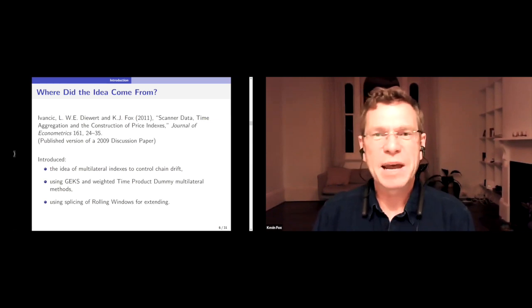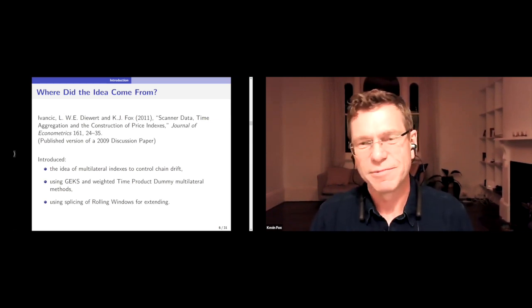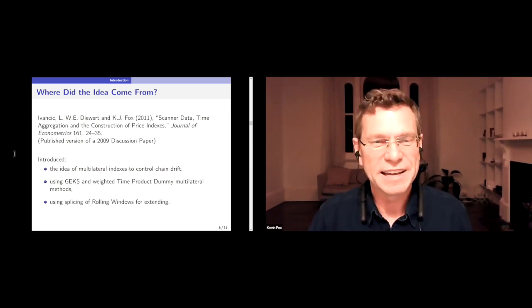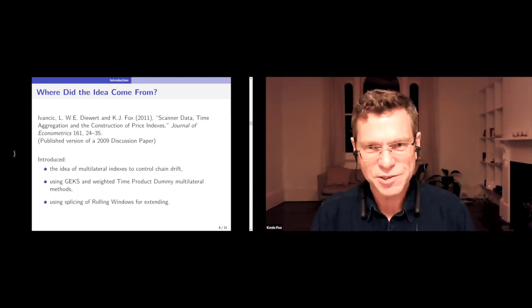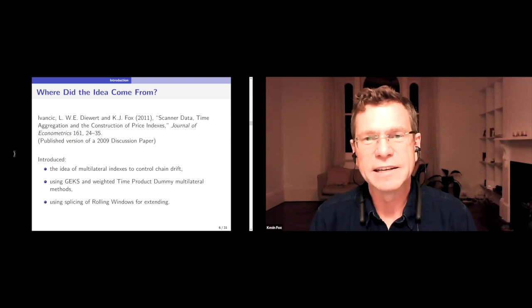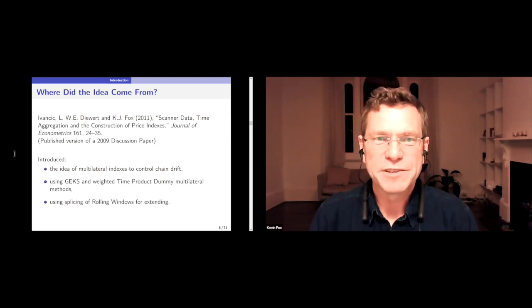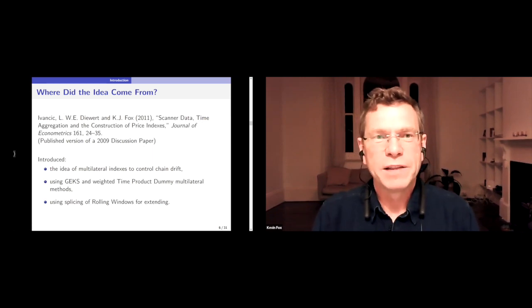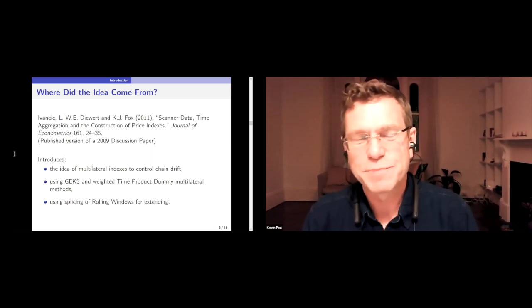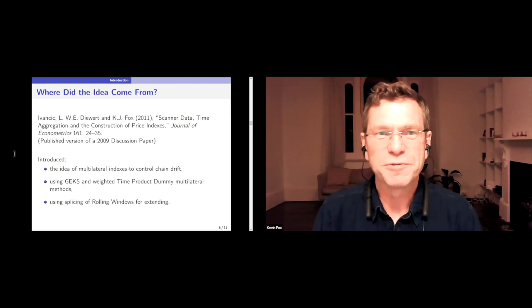So where did this idea come from? For those familiar with the literature, there's lots of papers now on using multilateral index numbers. A lot of national statistical institutes are looking at adopting these methods in their CPIs. Where did it come from? Well, in all humility, it came from this paper, Ivancic, Diewert, and Fox.